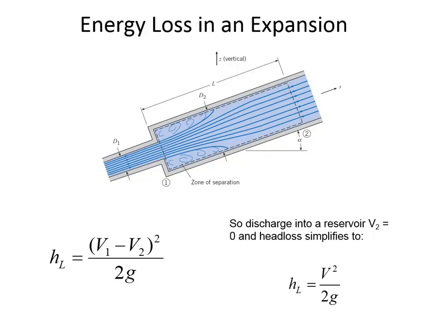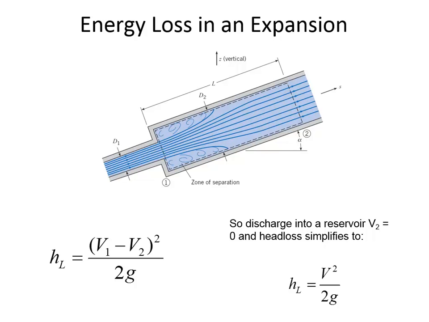When a pipe discharges into a tank, the energy loss is equal to the velocity head: the head loss due to this fitting is V1 squared divided by 2g. All of the velocity head that was there just goes away. Energy isn't destroyed. It heats up the water very slightly, but it's not of any use to us any longer.